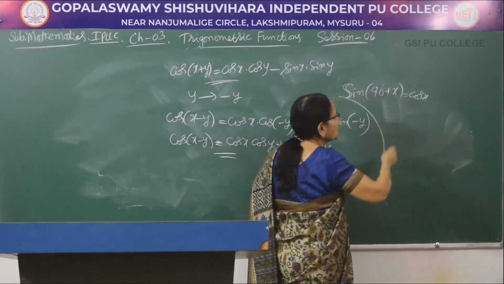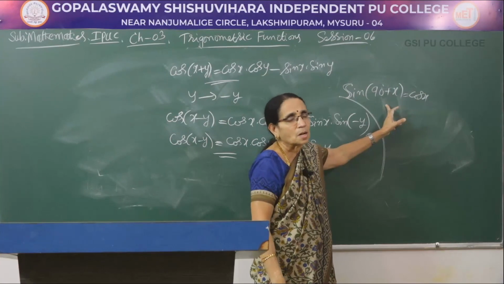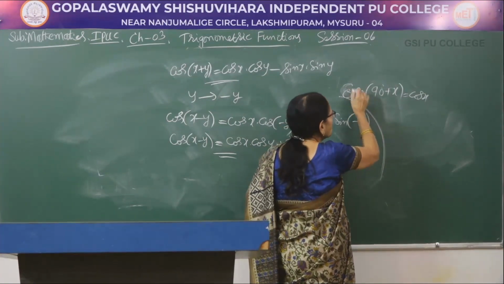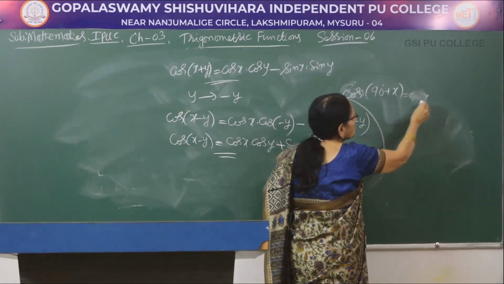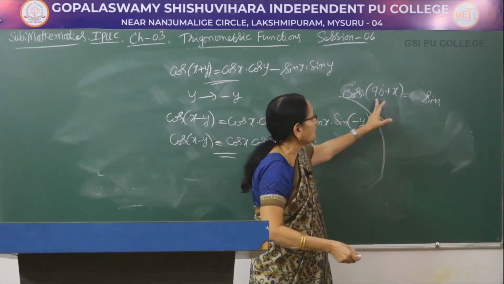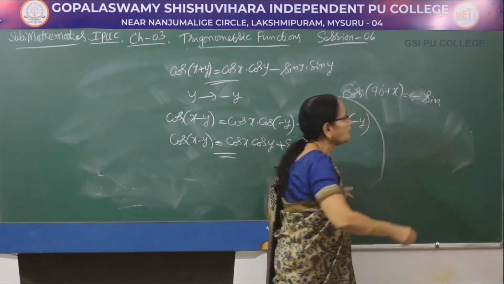Suppose I had given here 90 plus also, 90 plus something means it is in the second quadrant, where only sine is positive. Suppose I had here cos of 90 plus x. In that case, since it is 90, cos would be changed over to sin. It's co-function, but 90 plus something is in the second quadrant, therefore cos will have the sign minus.